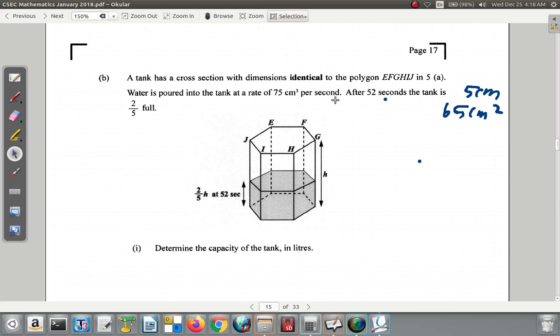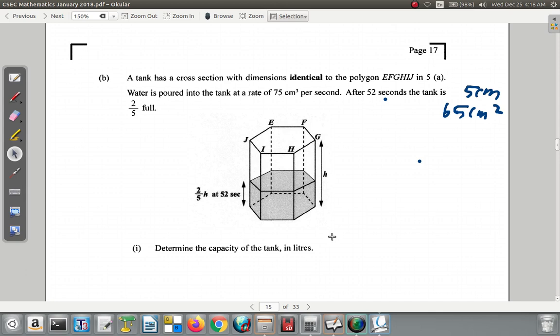So for every 1 second that passes, you have 75 centimeters squared, you have another 75 centimeters squared added. After 52 seconds, the tank is 2/3 full. Determine the capacity of the tank in liters.